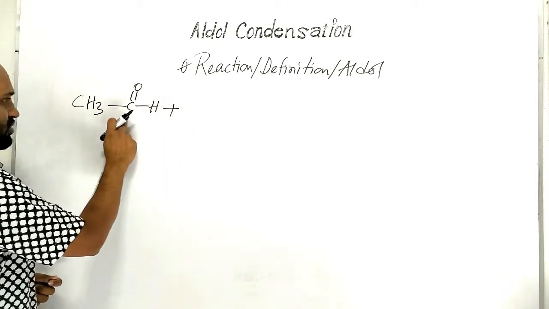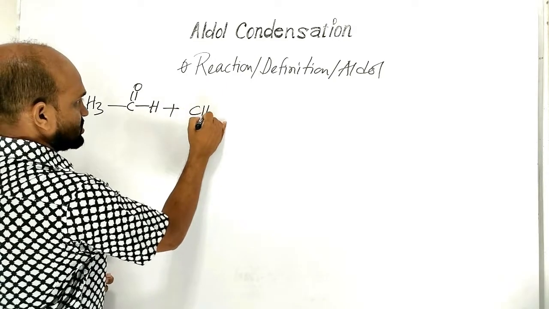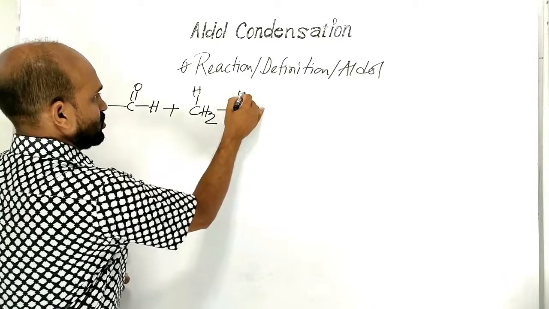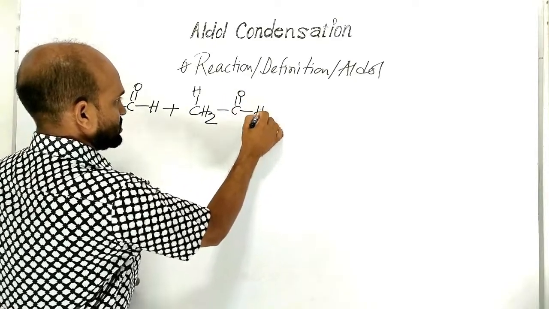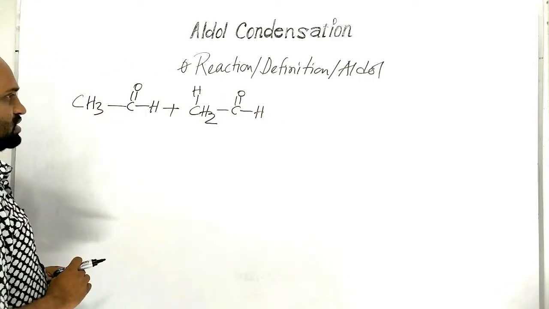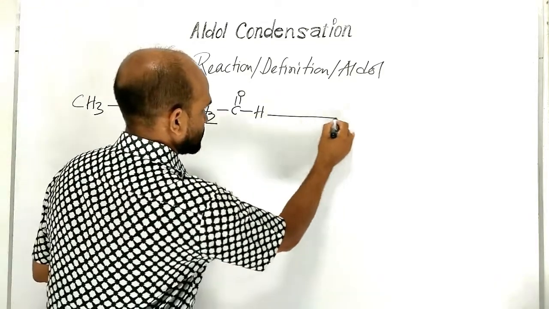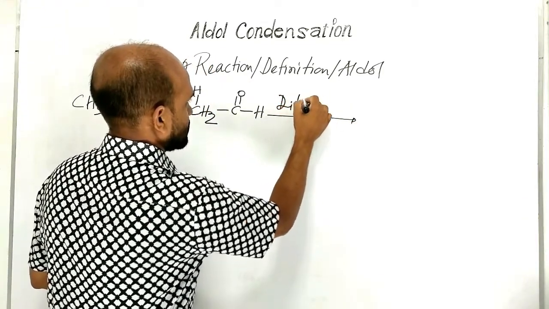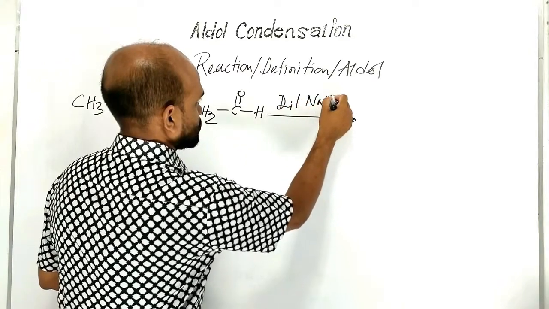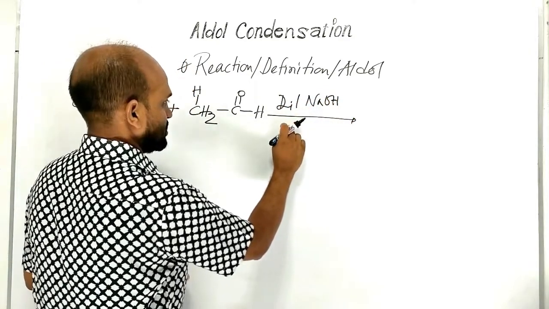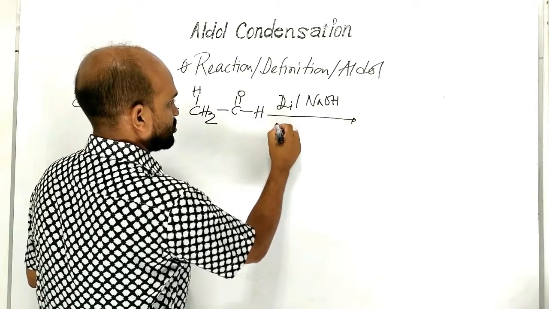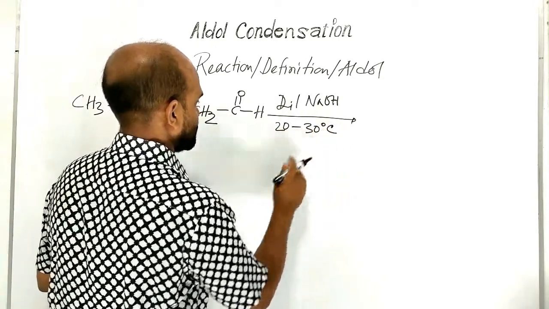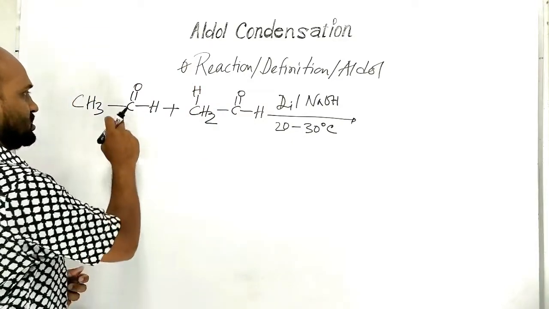Another molecule of acetaldehyde, CH3COH. Aldehyde is treated with dilute alkali, sodium hydroxide, and the reaction is carried out at 20 to 30 degrees Celsius temperature.